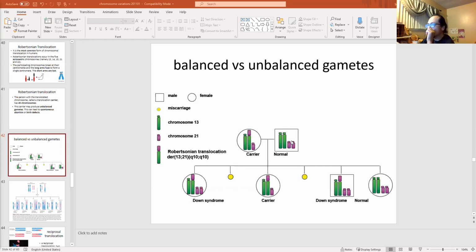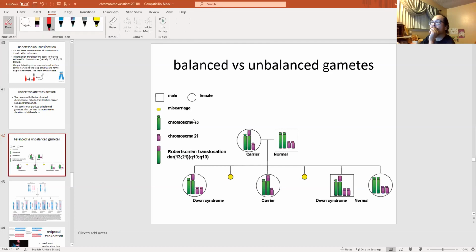Now with these two, the gametes could be, let me draw here. So that could be this one, and this one with, or lost one. So that's that one here.